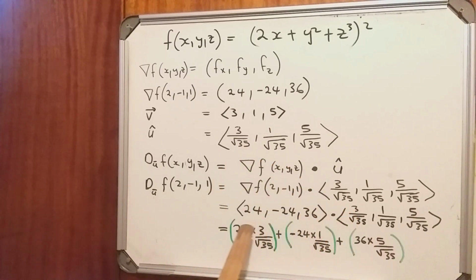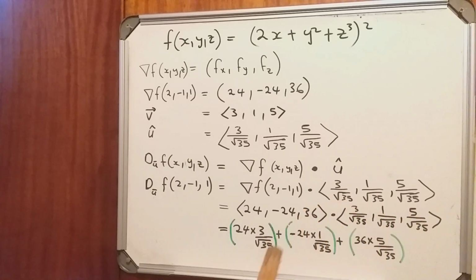So when you dot the two, how do we dot it? We say 24 multiplied by 3 over root of 35. Then you say plus the second one multiplied by the second one, plus the third one, which is 36, multiplied by also the third one.